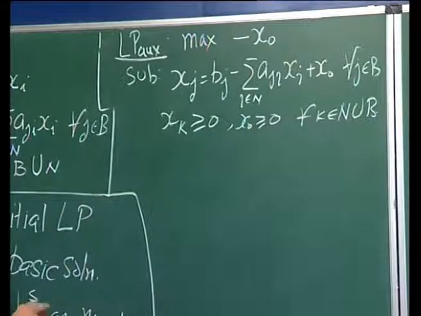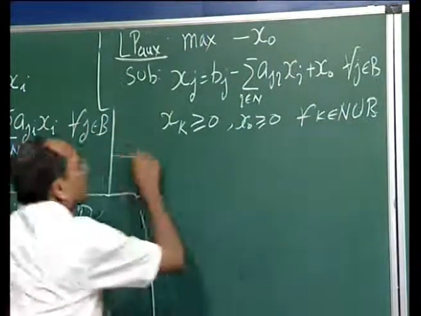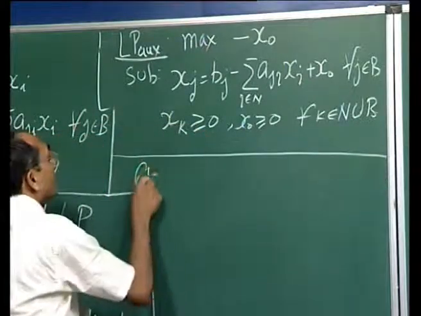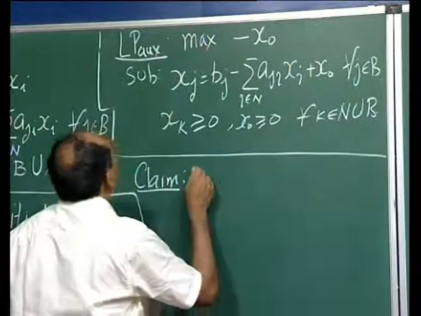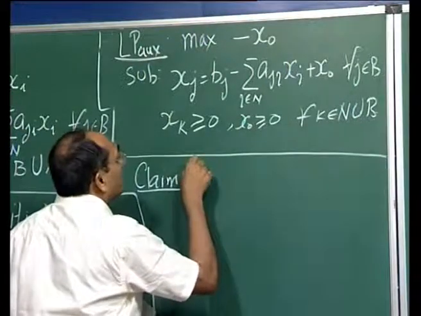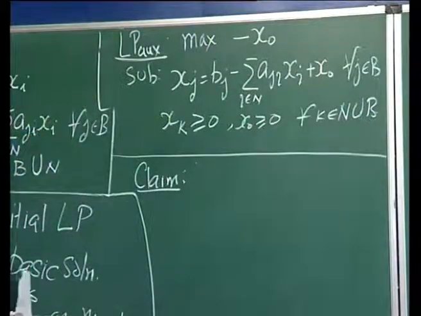And now let's look at this program. First thing I am claiming is that the solution space of the auxiliary program is feasible.